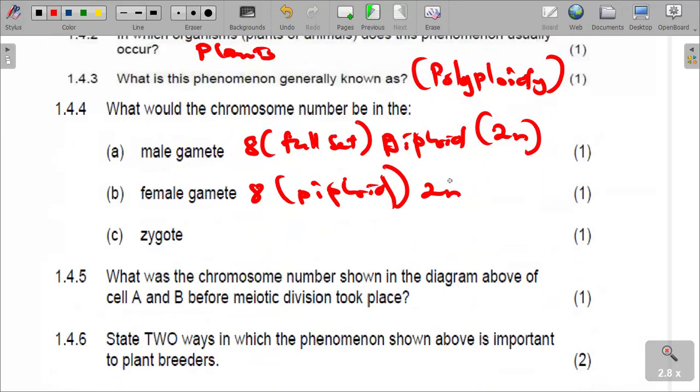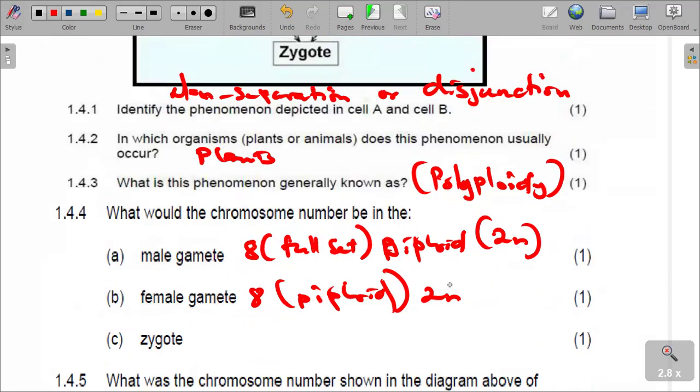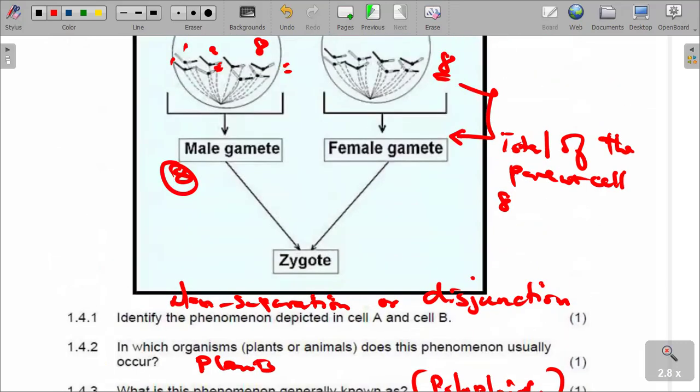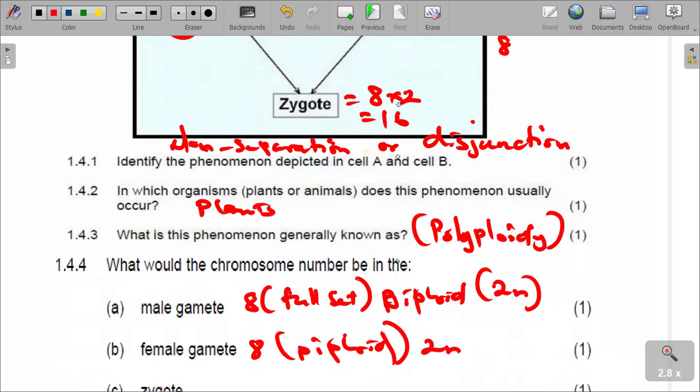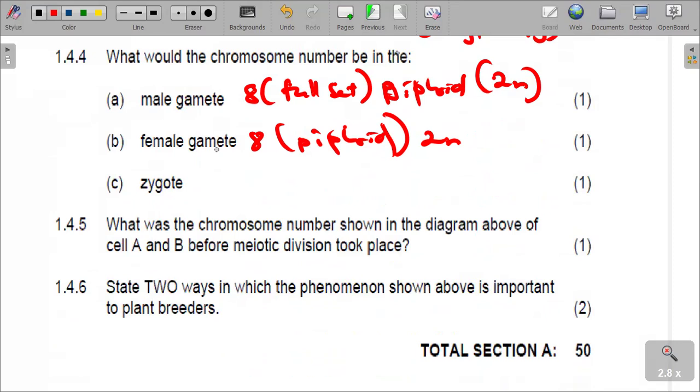And then the zygote, what is happening with the zygote is 8 times 2. This zygote is equal to 8 times 2, which gives us 16. Remember, 16 can also be represented by 4n, where n represents the number of chromosomes.